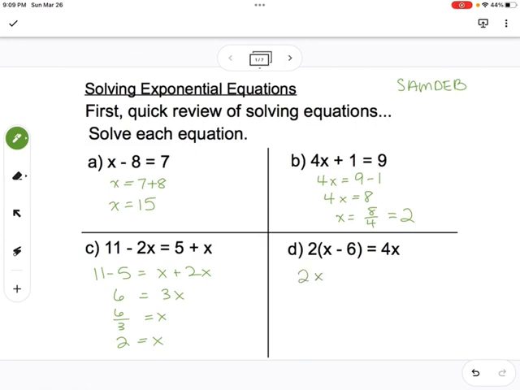So we have 2x minus 12 equals 4x. We want to have the x's on the same side, so we can move this 2x to the other side. It'll become a subtract 2x. So negative 12 equals 4x minus 2x. Negative 12 equals 2x. Getting x by itself, we are then taking this multiply by 2, bring it over and divide. Negative 12 over 2 equals x, which is negative 6.